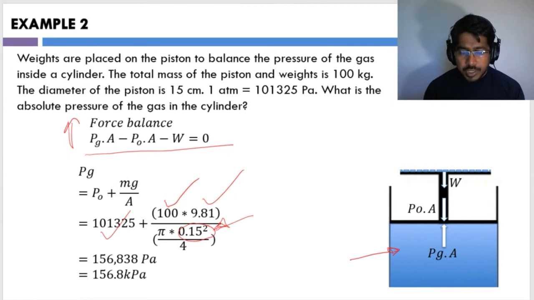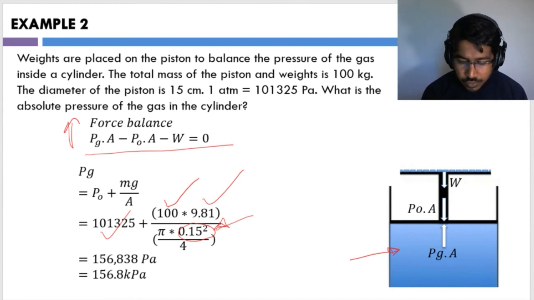But if you substitute in meters, you straight away get the standard unit for pressure, Pascal, right? If you substitute in centimeters, then you will have to do some conversions down the road. So I personally like to substitute in standard SI units.